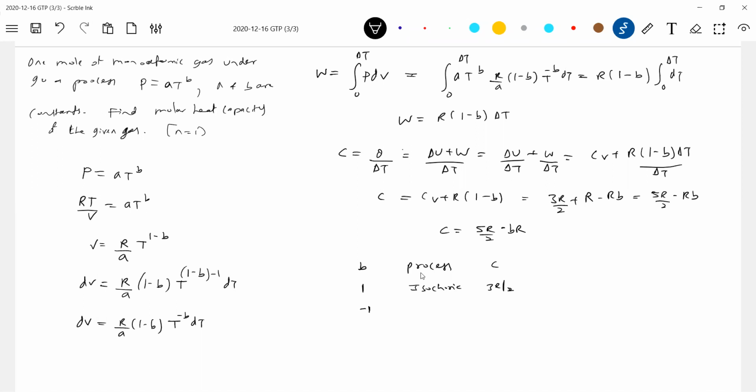B equal to minus 1: some general thermodynamic process, 7R by 2. B equal to 0: isobaric, so how much is it? 5R by 2. B equal to... adiabatic.